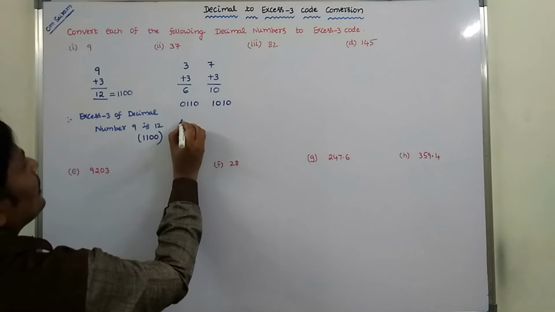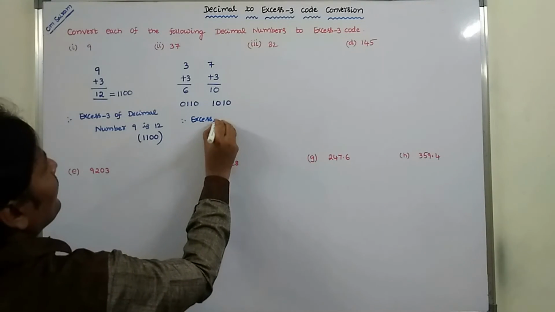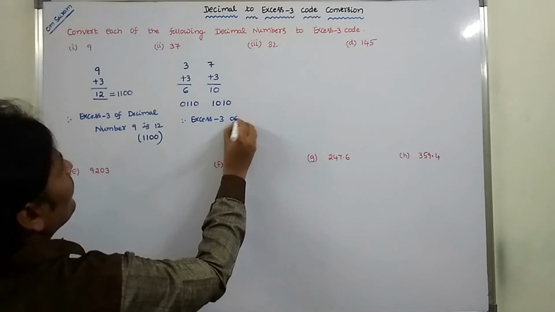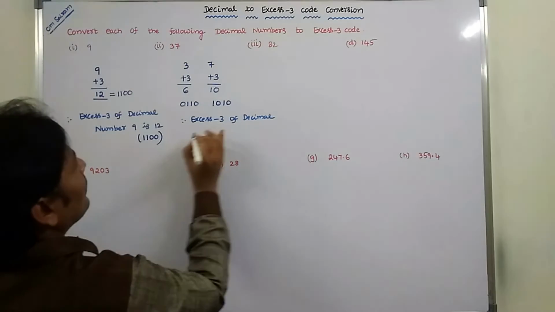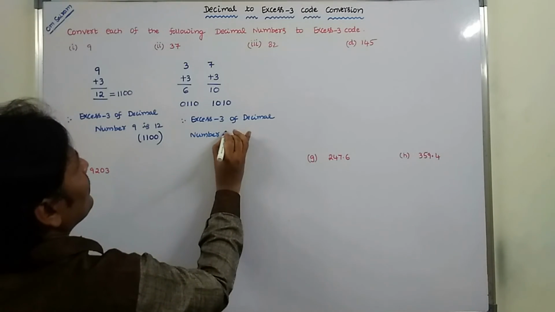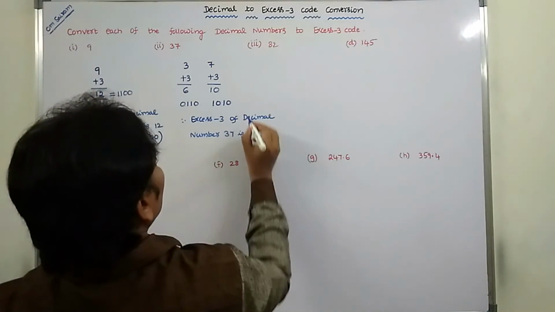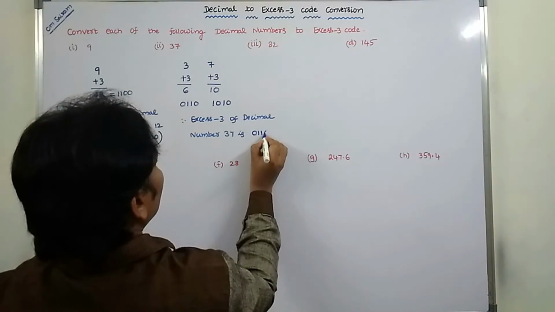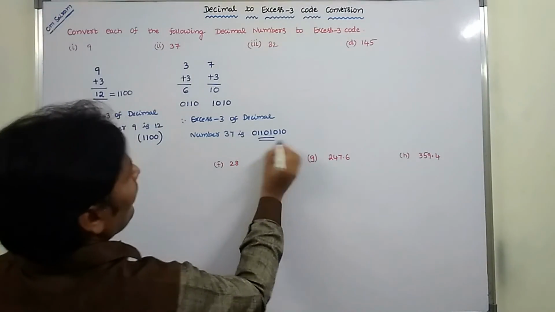So therefore, excess-3 of decimal number 37 is 01101010. So this is the answer.